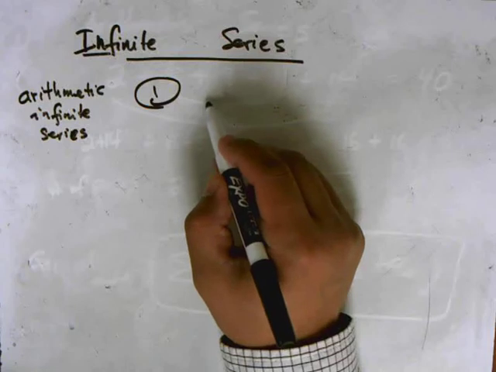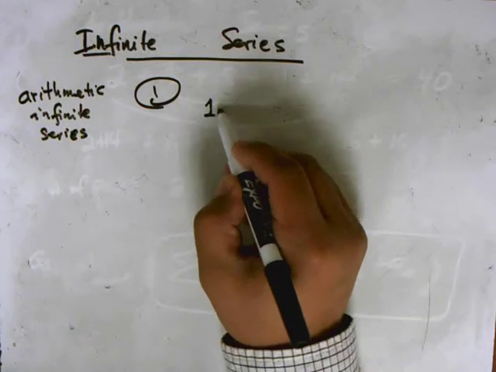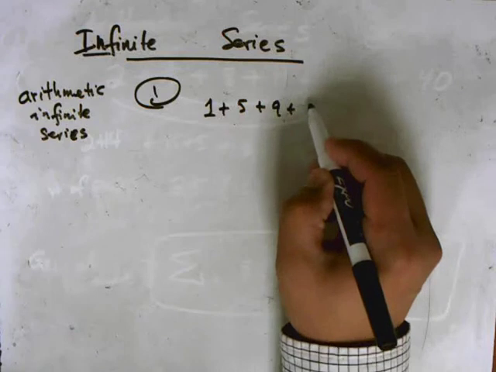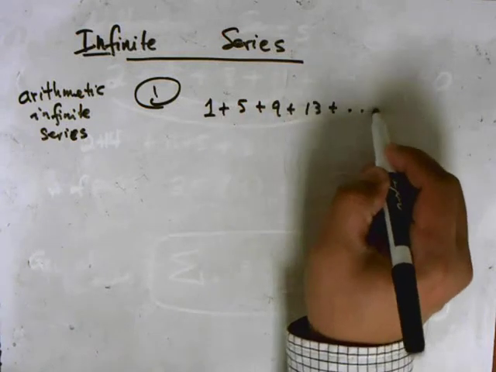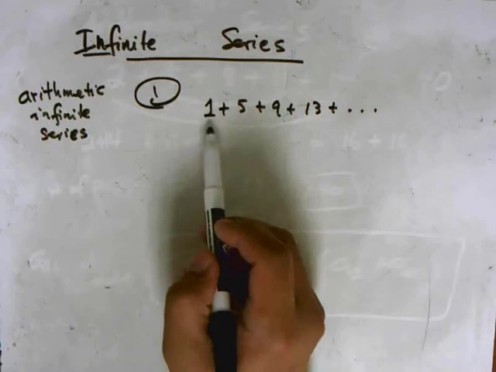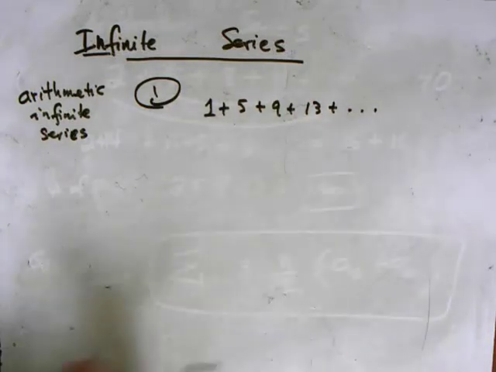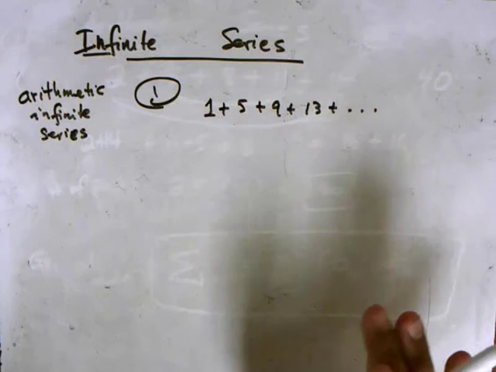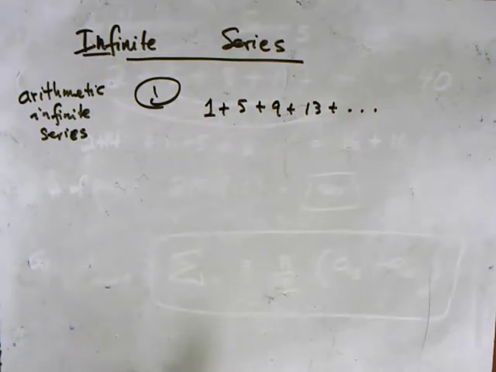Let's say you had in this series 1 plus 5 plus 9 plus 13 onwards, adding those numbers up forever. And you can see that as I keep on adding, the total sum is going to get bigger and bigger. And not only does it get bigger, it gets bigger without any limit whatsoever.